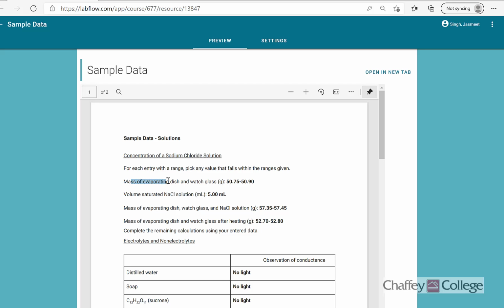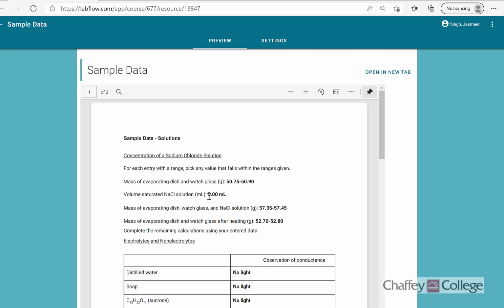For example, the mass of the container, which is the evaporating dish and watch glass, the empty container, is given as a range, 50.75 to 50.90. What that means is that you can pick any number within this range. You may pick 50.79 or 50.81, whichever you like.